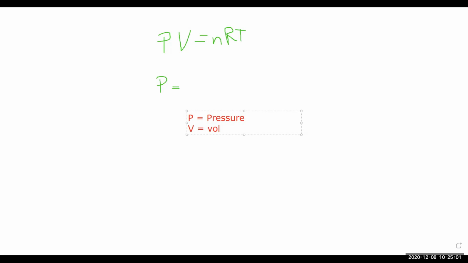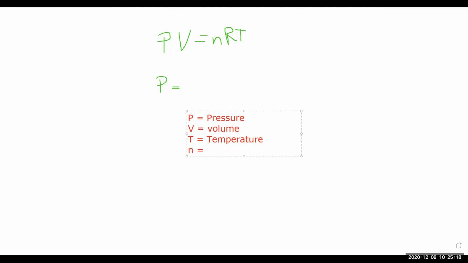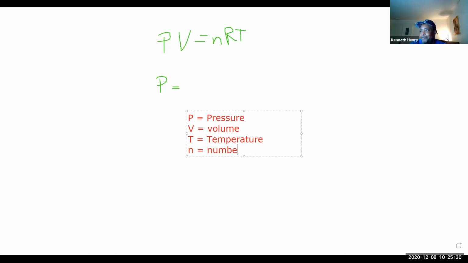Volume. T, temperature? N, is it the amount? Number of moles. That's right.